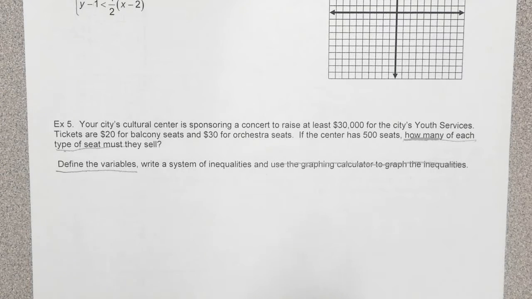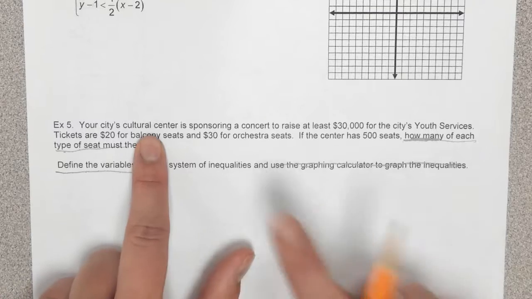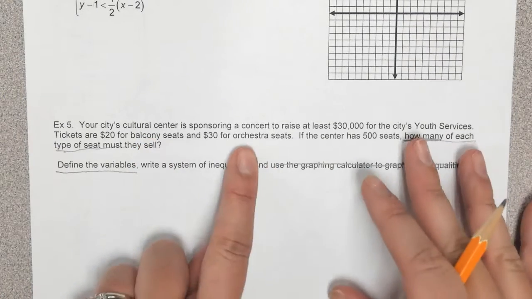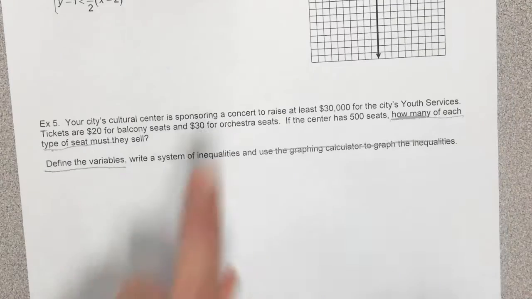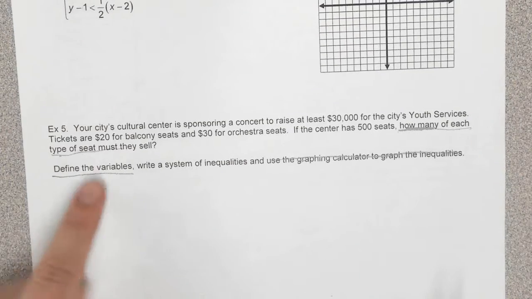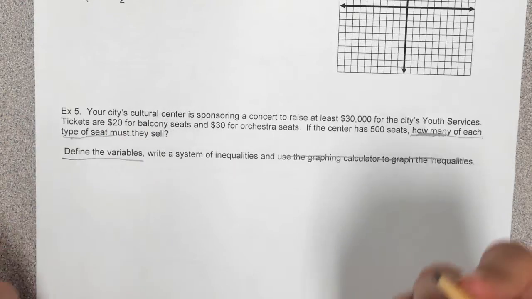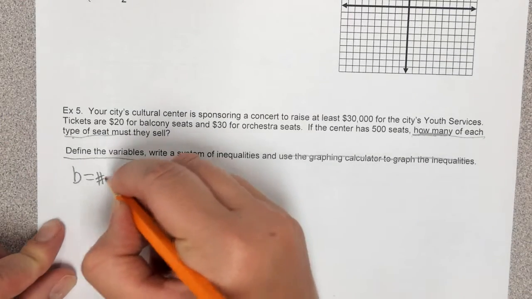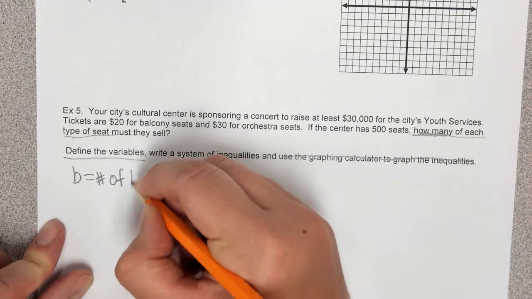There's the cheap seats and the good seats, right? Balcony and orchestra. Balcony, these people are sitting way up high in the back. Orchestra, these people are front and center, right? Okay, so we need to come up with variables. How about balcony? We want to use B. Sounds logical, right? B can equal the number of balcony seats.